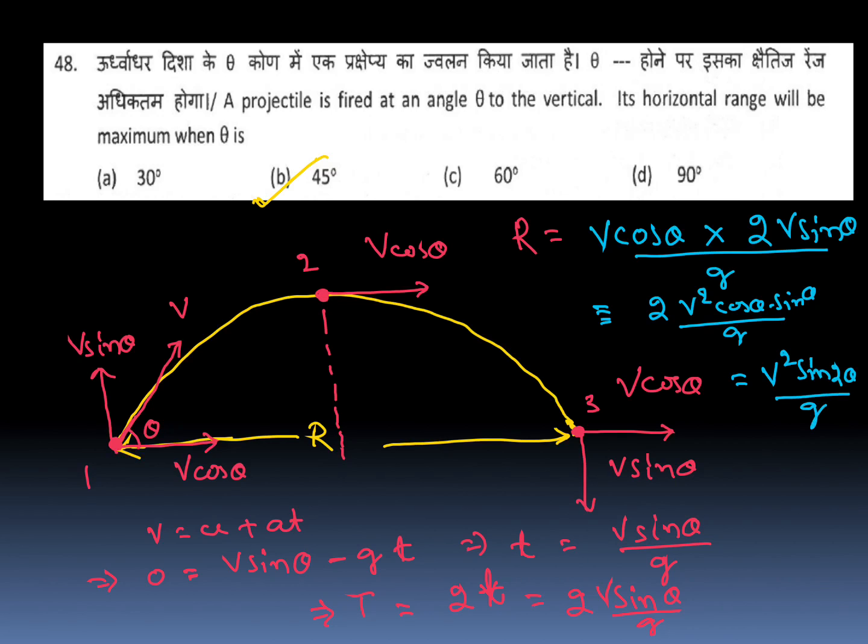And R value will be maximum when sin 2 theta is 1. R maximum equal to V square by g, and sin 2 theta equal to 1. We know sin 90 degrees is 1, so 2 theta is 90 degrees, theta is 45 degrees for the maximum condition.